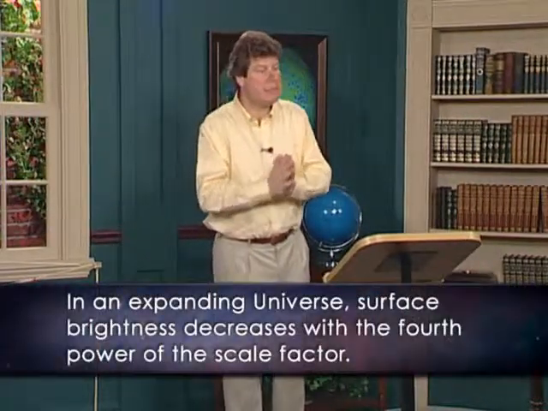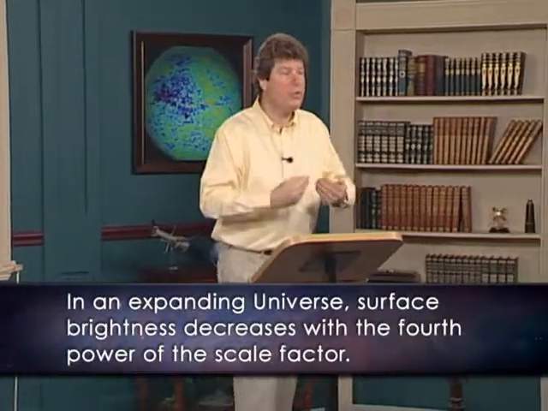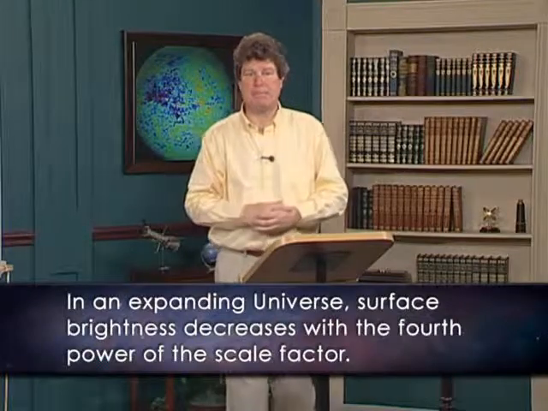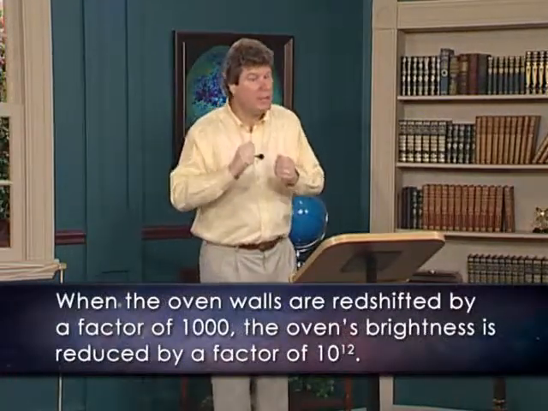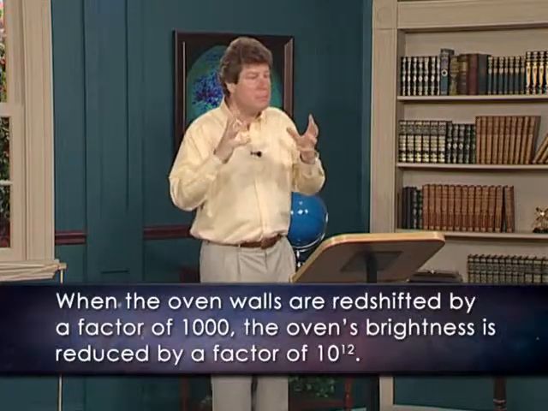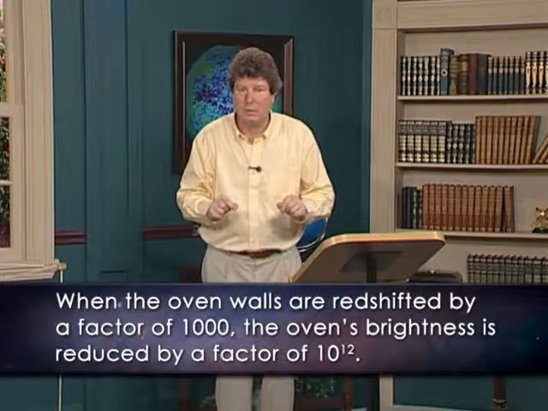Remember also from Lecture 8, in an expanding universe, the surface brightness decreases with the fourth power of the scale factor, so that when the oven walls are redshifted by a factor of 1,000, the oven's brightness is reduced by a factor of 10 to the 12.